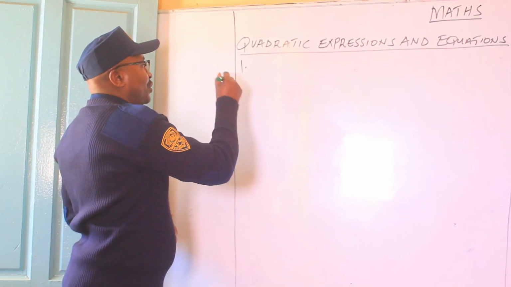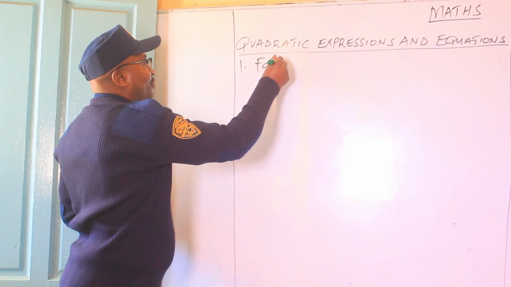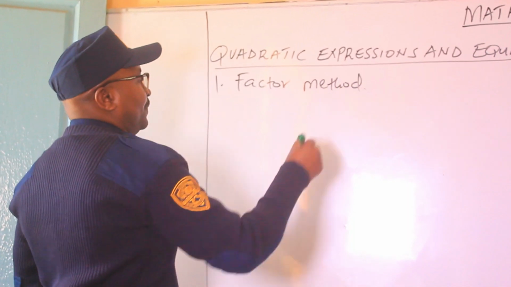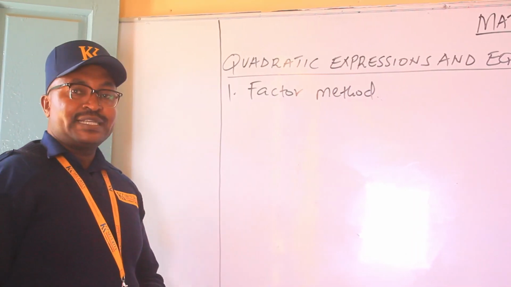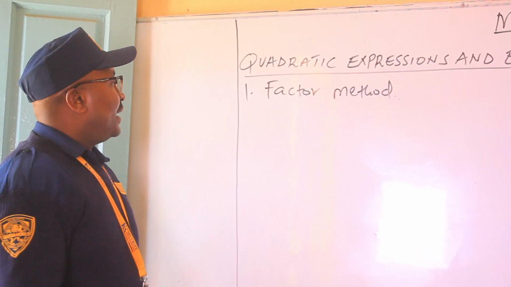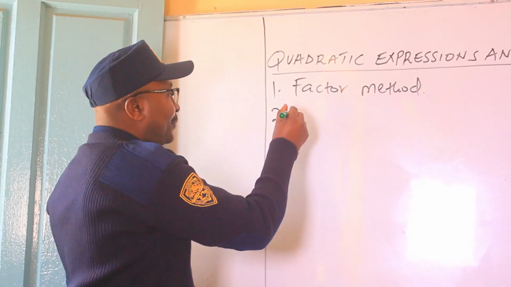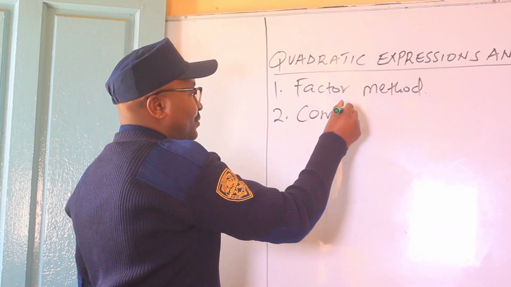So number 1, you can use the factor method to tackle a quadratic equation. Number 2, you can use the completing the square method.